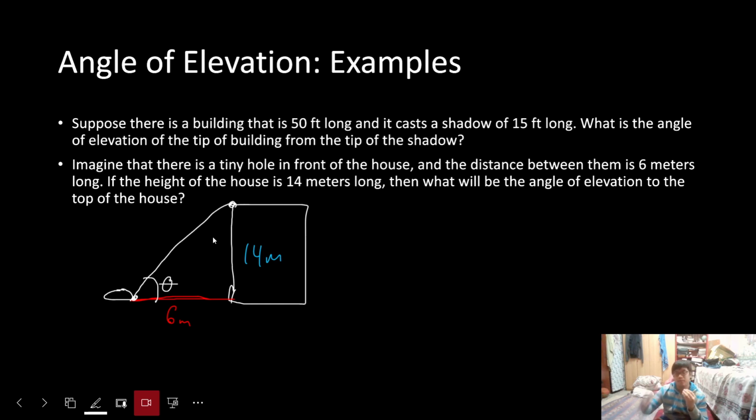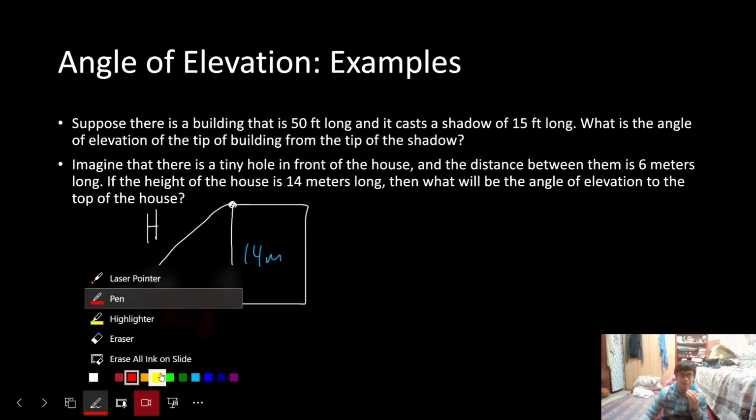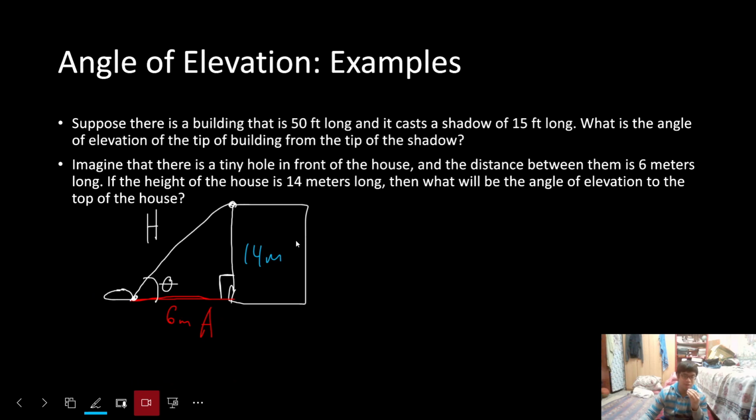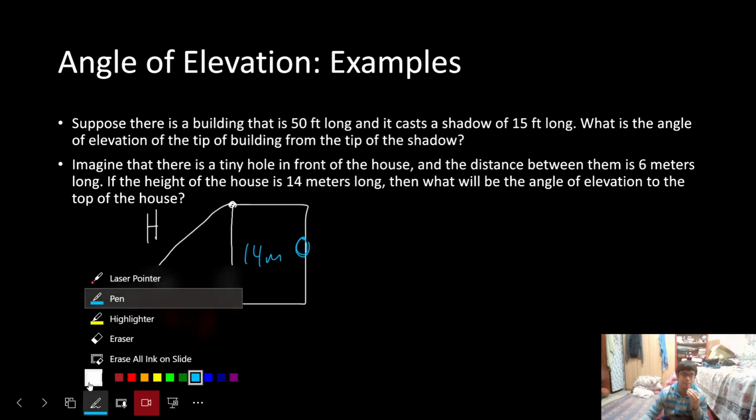Now, what trigonometric ratio are we going to use to find that angle? If you take a look closely at this right triangle, your hypotenuse is not given, but the legs are given. The red line, which is your 6 meters, is your adjacent because it is beside the angle. And that 14 meters is your opposite since it is not adjacent to that angle.